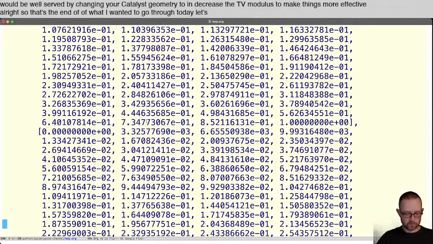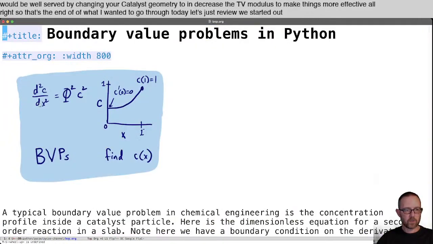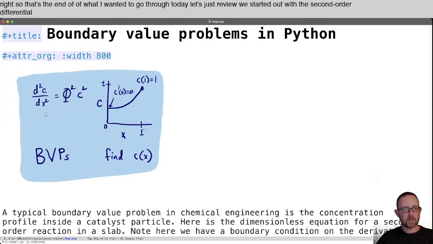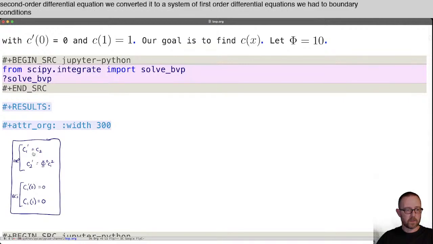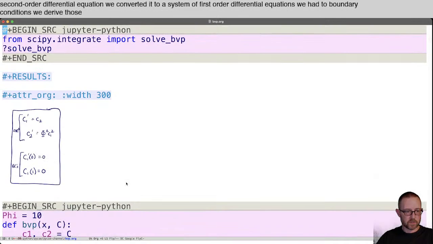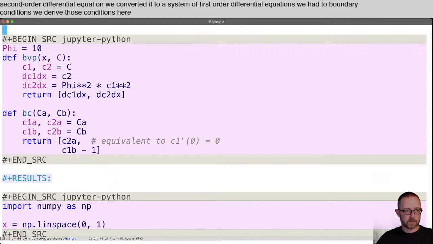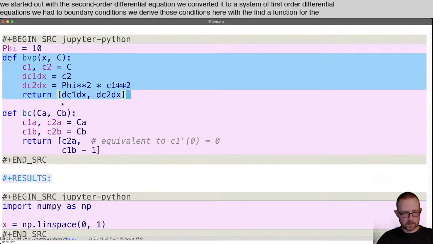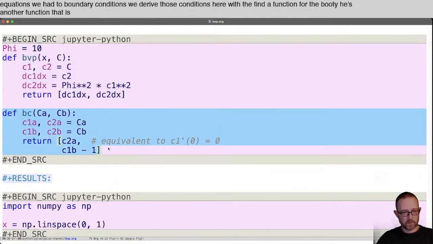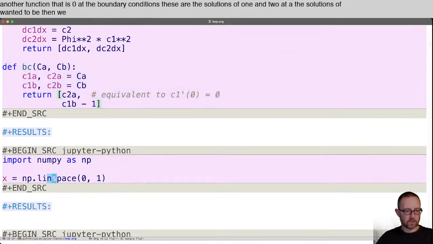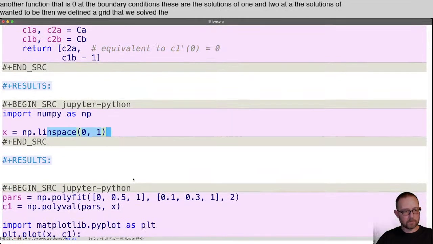Let's just review. We started out with this second order differential equation. We converted it to a system of first order differential equations. We had two boundary conditions. We derived those conditions here. We defined a function for the ODEs, another function that is 0 at the boundary conditions. These are the solutions of 1 and 2 at A, the solutions of 1 and 2 at B. Then we defined a grid that we solved the BVP on.